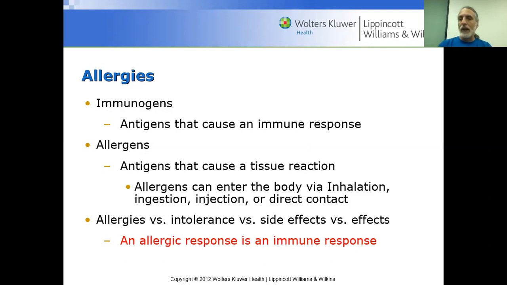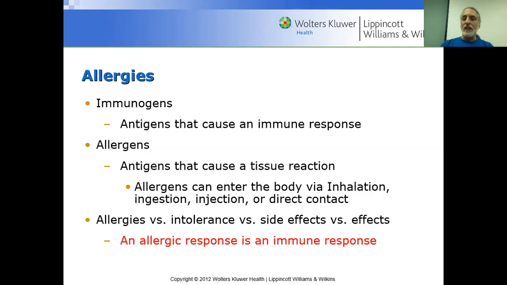Side effects of morphine, well, sedation, respiratory depression, and the effects, the pain relief and the euphoria. We give morphine for pain relief. Some take morphine for the euphoric effect. But the thing to remember is an allergic response is an immune response.